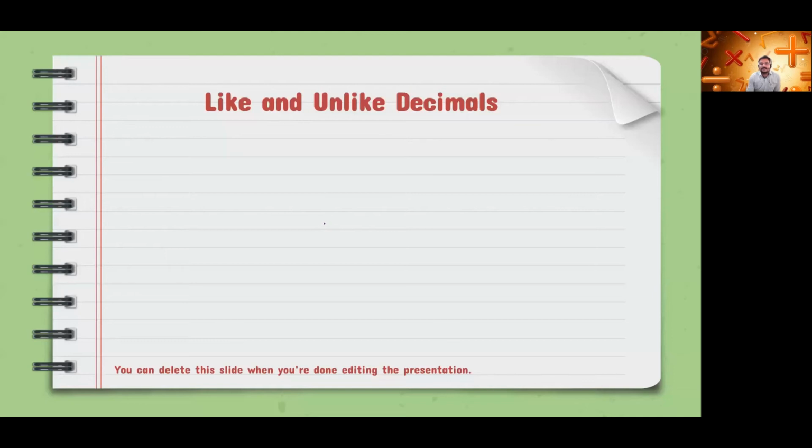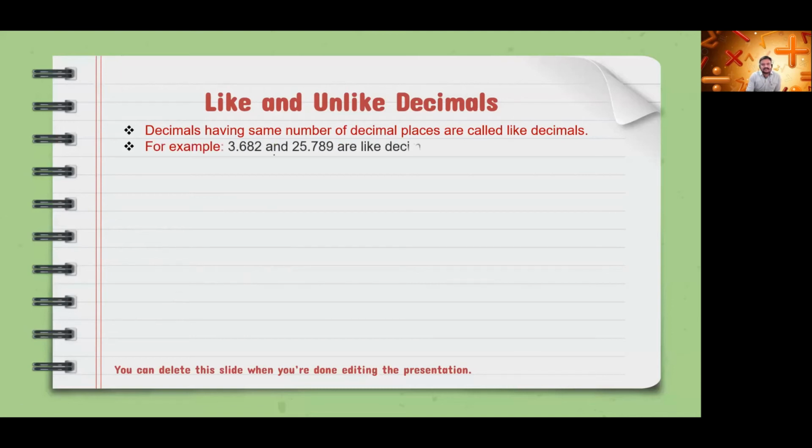So similarly there are like decimals and unlike decimals. First we'll see the definition. Decimals having the same number of decimal places are called like decimals. Now see the example: 3.682 and 25.789 are like decimals.